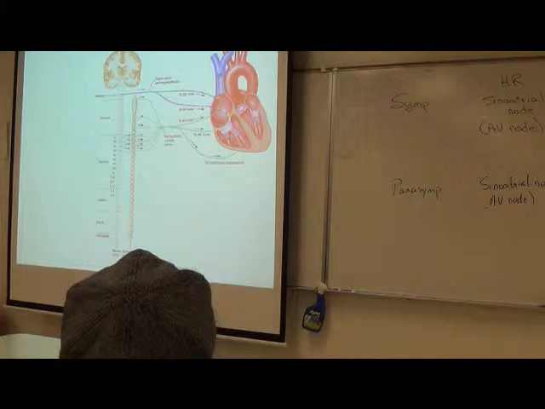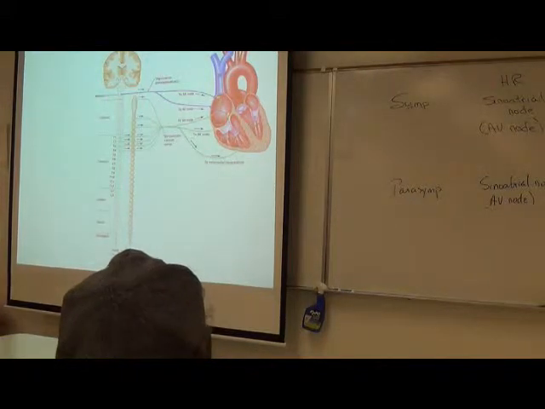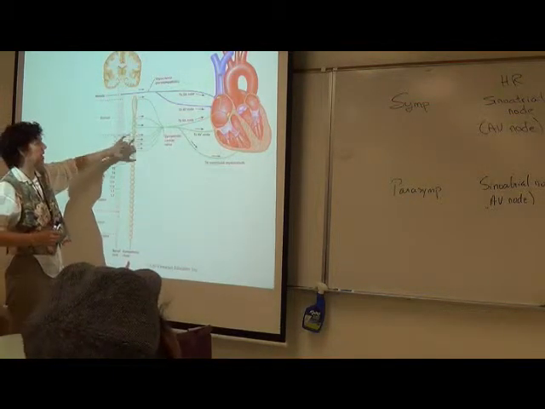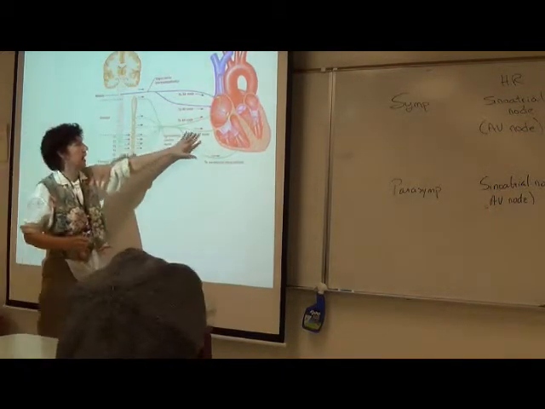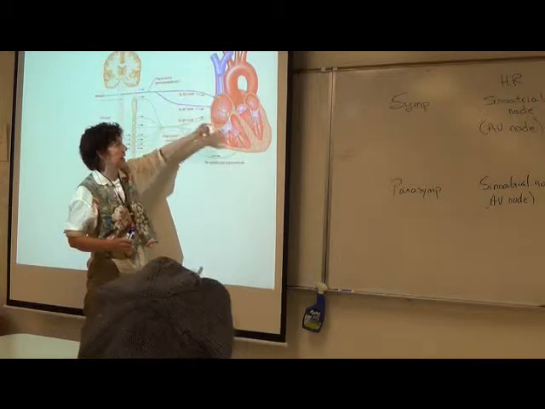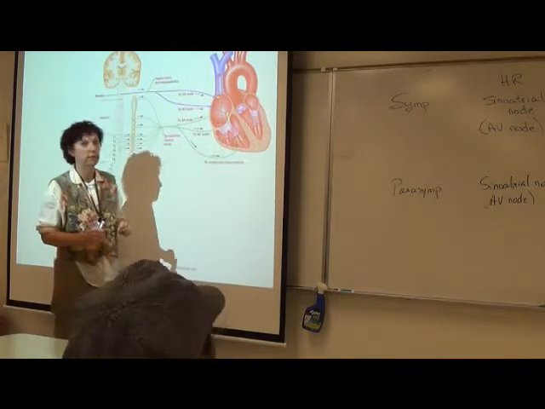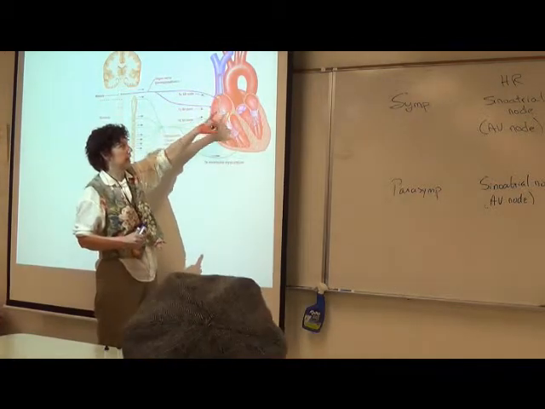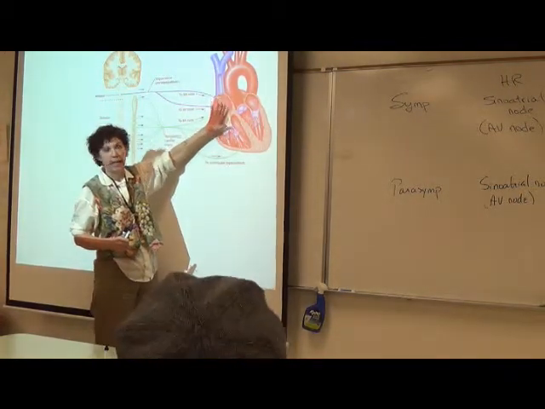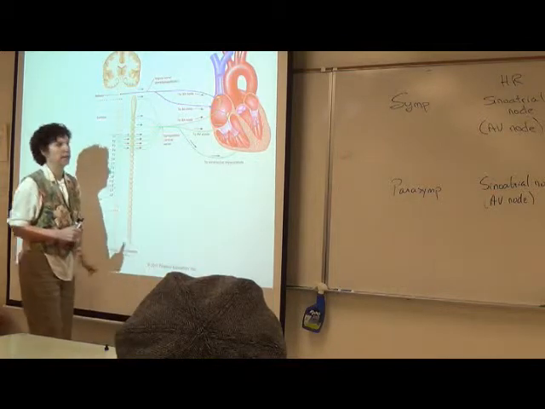So what kinds of stimuli would cause the sympathetic fibers here? This says T1, but there's very little sympathetic actually in T1. If you'll notice, sympathetic goes to the SA node, the AV node, and to contractile fibers of the ventricles, whereas parasympathetic just goes to the SA node and AV node, and to some extent a little bit of the atria.